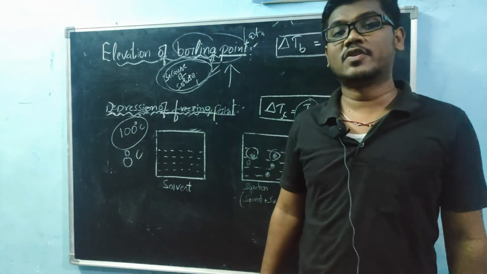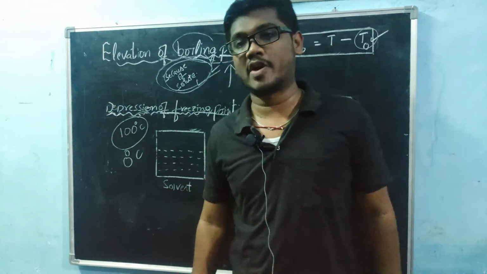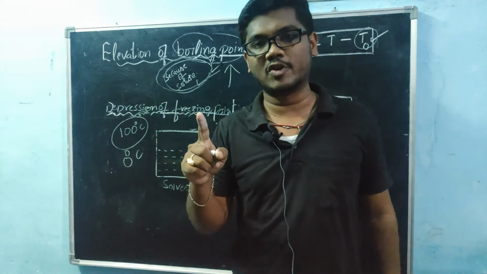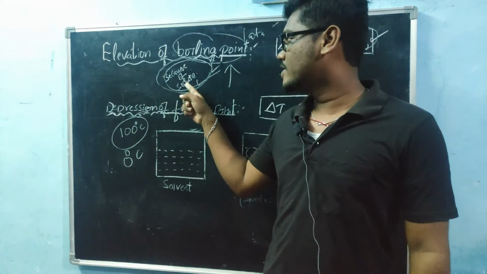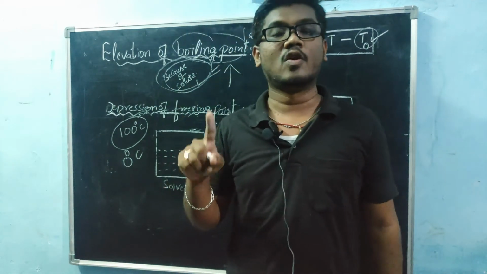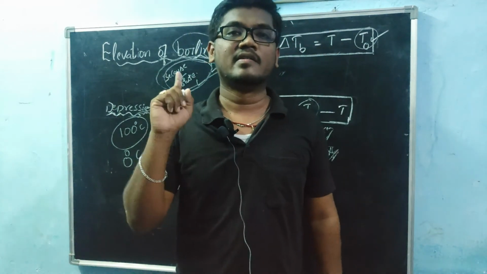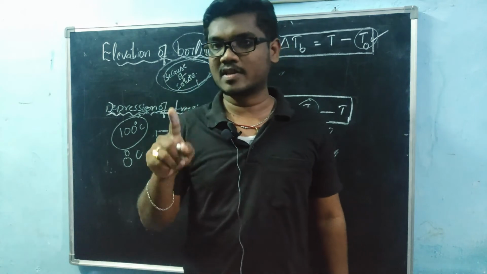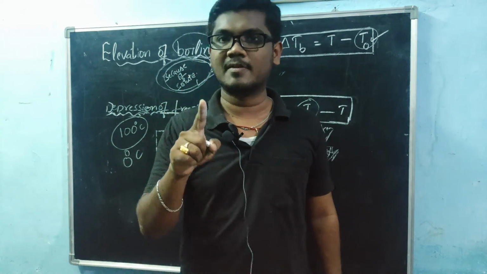Therefore, elevation of the boiling point and depression of freezing point are completely confined to a single principle, that is, the presence of the solute. Even the last two topics, lowering of vapor pressure and osmotic pressure, are also confined to a single principle.